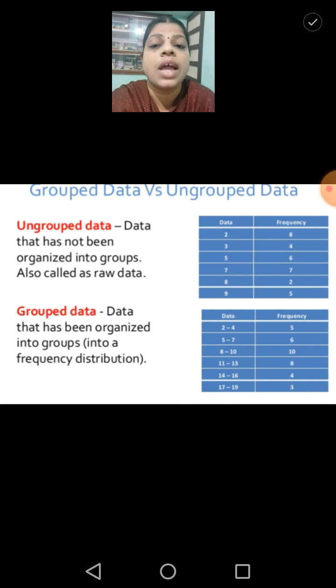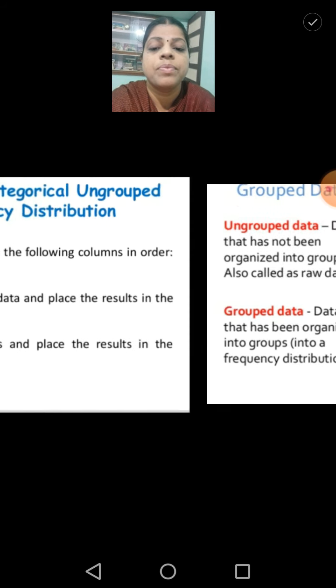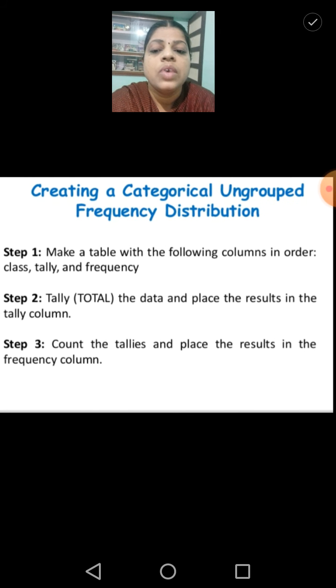That is actually a frequency distribution. Creating a categorical ungrouped frequency distribution.